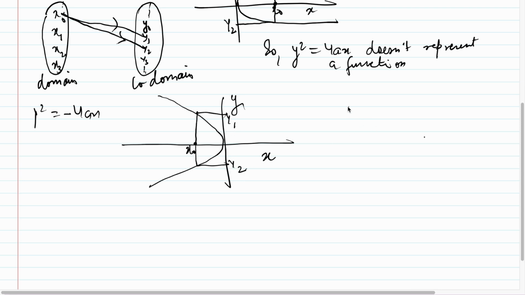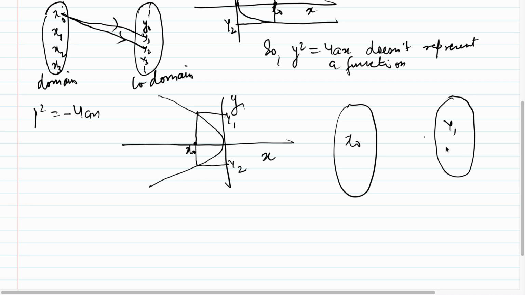So in the domain set, there is an element x0. In the codomain set, there is an element y1 and an element y2, and this x0 is being mapped with both y1 and y2. An element in the domain set cannot have more than one image in the codomain set. So this is also not a function.